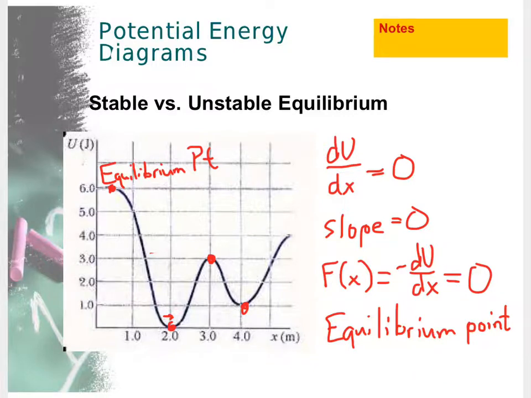But this one up here, well, I'm just going to say it's unstable. And it's unstable because if I were to give it a little bit of a nudge, or if it were at a slightly different position than this exact position right here, then it would actually end up leaving that equilibrium point and it couldn't actually stay there. It's almost like having a marble on top of a bowling ball.